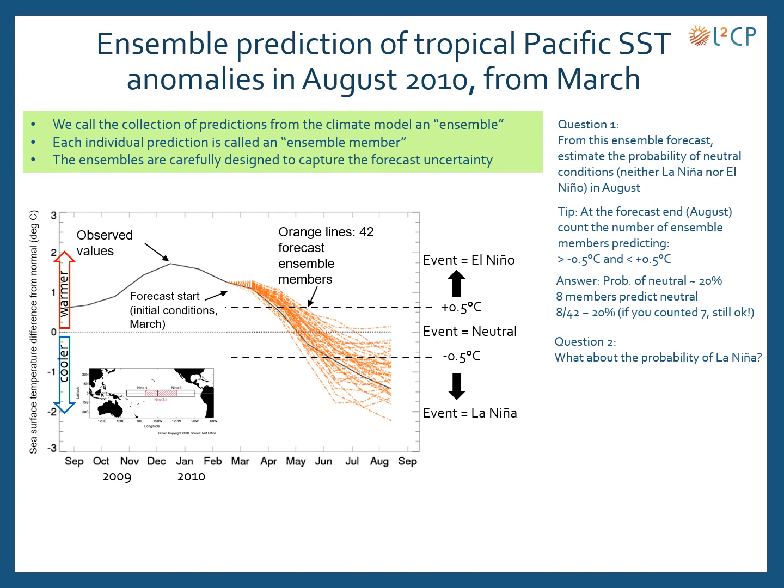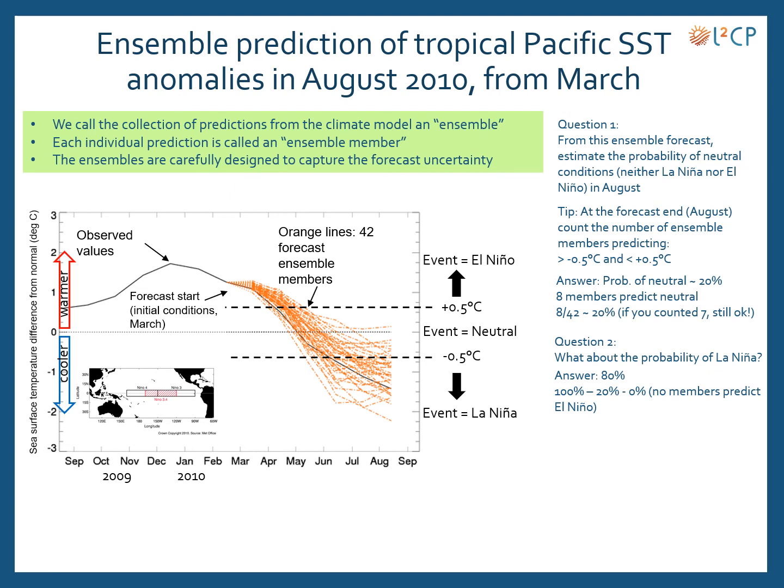The answer is 80%. 20% of ensemble members predict neutral. No ensemble members predict El Nino. So the predicted probability of a La Nina event is simply 100 minus 20, or 80%.